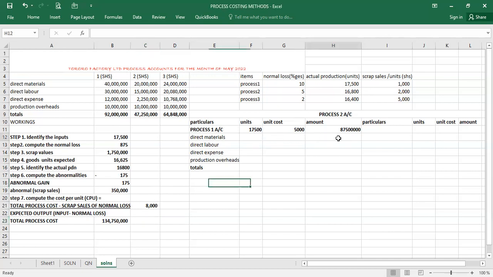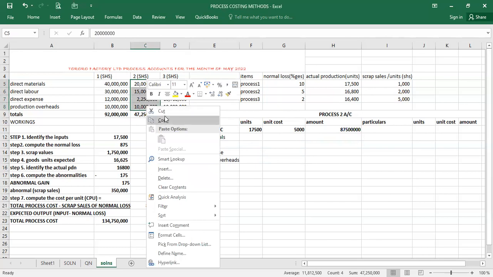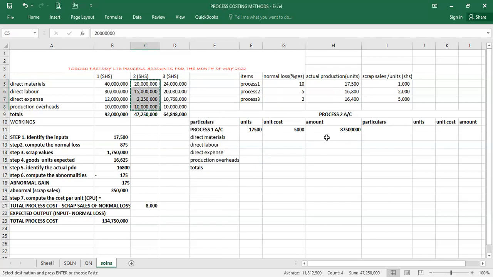Then we can introduce our additional material that we got. It was 20 million. Maybe you can just highlight from here and we copy and paste here. Then we get our totals.